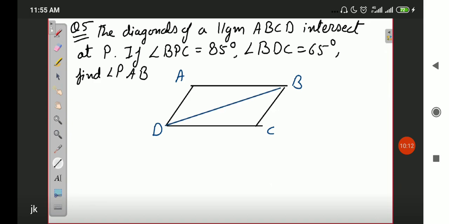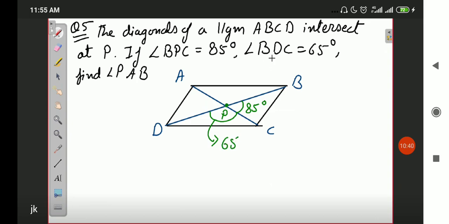One diagonal is BD, another one is AC, and these diagonals intersect at point P. This is the point of intersection. Now we are given that angle BPC is this one, this is 85 degrees, and angle BDC is this one, this is 65 degrees.